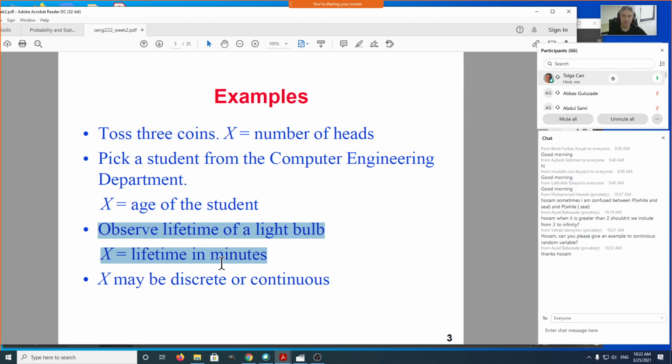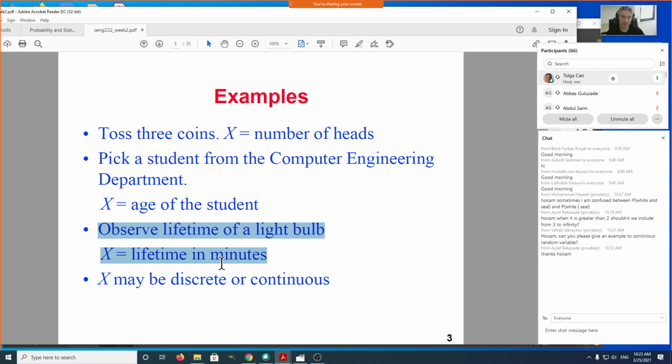In that case, what is the probability that the lifetime of a light bulb is exactly 3 minutes? That exactly 3 minutes is a point in that continuous region, one point among infinitely many possible outcomes. Therefore, that single probability is going to be 0 for continuous random variables.